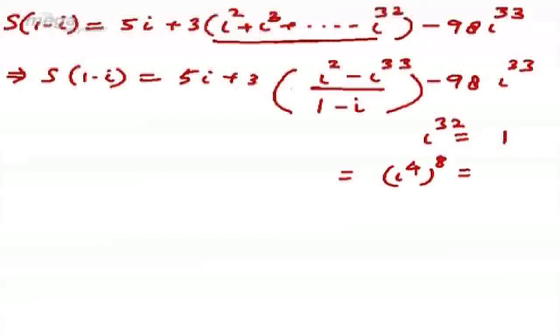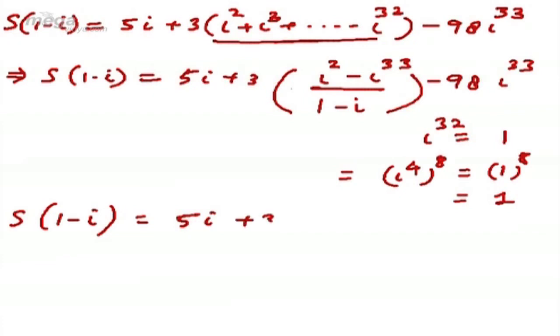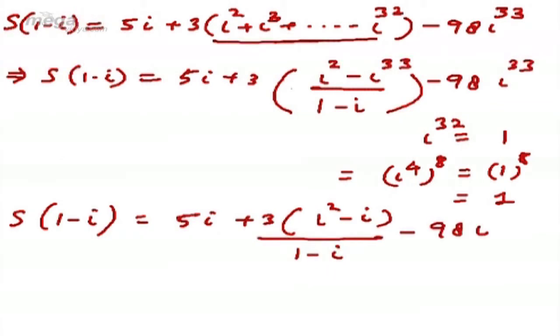So it will become 1 to the power 8. So it is equal to 1. So S into (1 minus i) is equal to 5i plus 3 into (i square minus i) divided by (1 minus i), minus 98 into i.